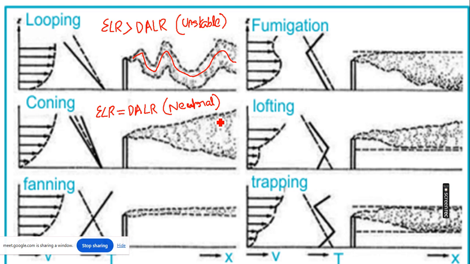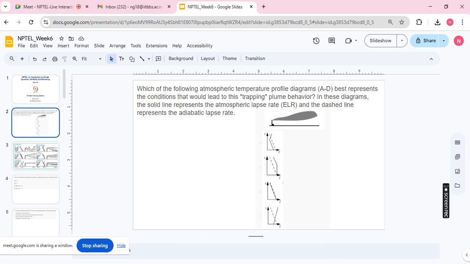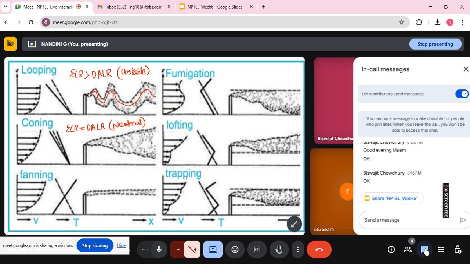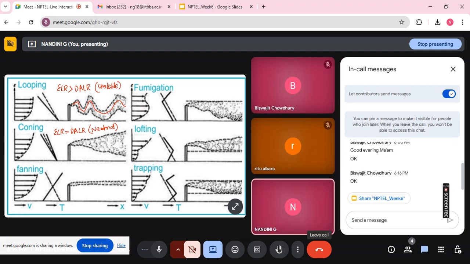That is the second one, the coning plume behavior, when the environmental lapse rate is equal to the adiabatic lapse rate and the atmosphere is neutral.